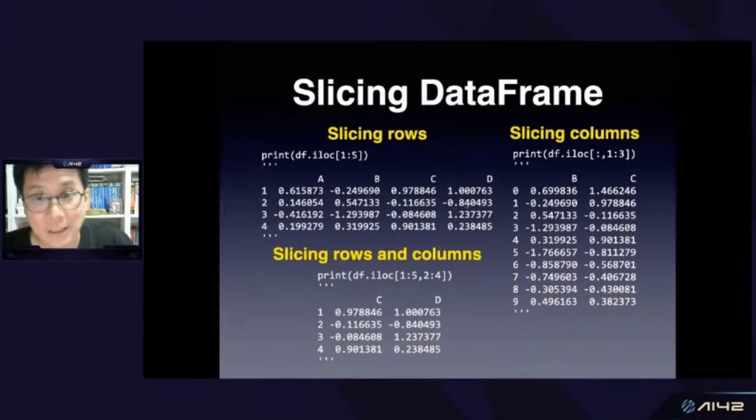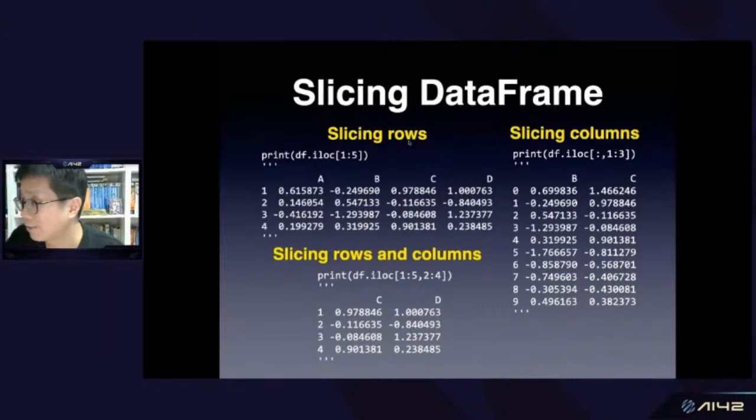Using the data frame, you can slice and dice your data. For example, if I want to retrieve row numbers 1 to 5, I can simply do an iloc 1:5. So 0, 1, 2, 3, 4. And if I want to extract specific columns, I can do an iloc and say that I want to select all the rows, but after the comma, I specify the specific columns that I want to extract.